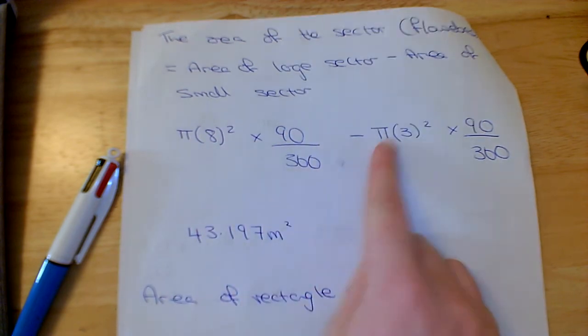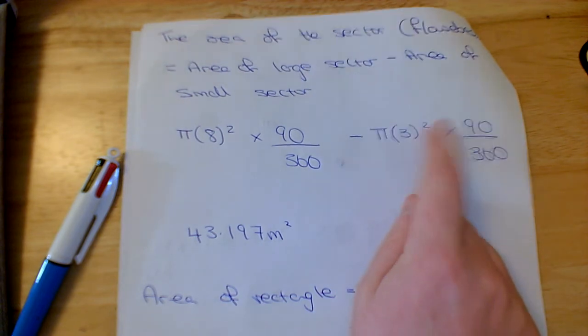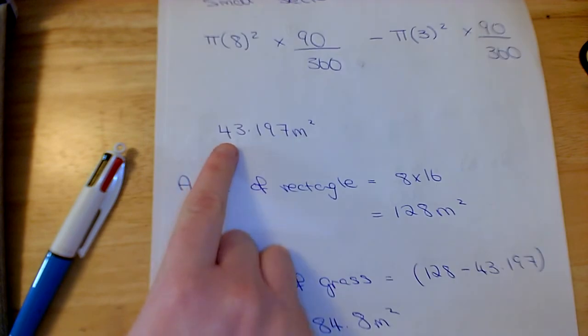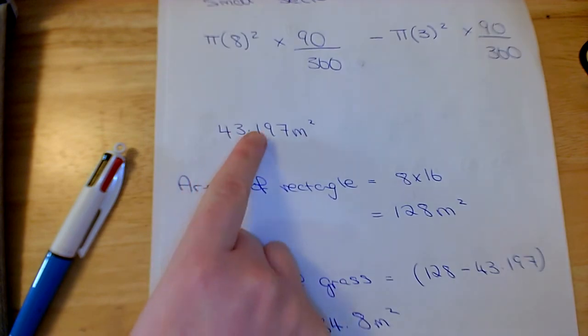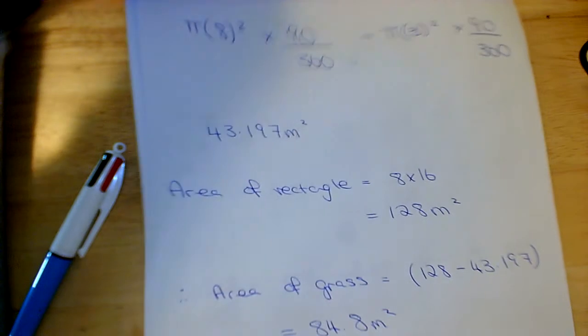Take away my small sector, so it's pi multiplied by 3, my radius is 3, squared, multiplied by 90 over 360, and I get my area of my sector is 43.197 meters squared.